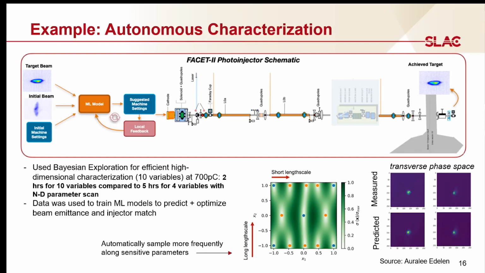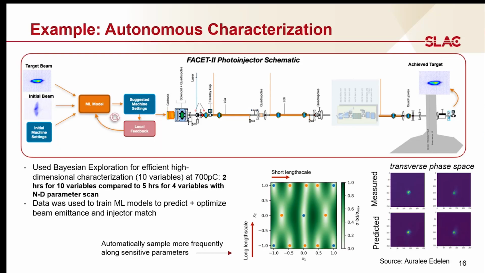And so by using Bayesian optimization techniques inside of Xopt, we do an exploration-based optimization, which essentially learns the functional dependence of our objective on our input parameters and does more frequent sampling along the dimensions where the input parameters are determined to have a larger effect on the thing that we're trying to characterize. And so this has substantially sped up our ability to characterize beam parameters of interest.